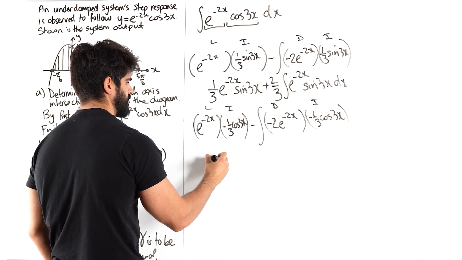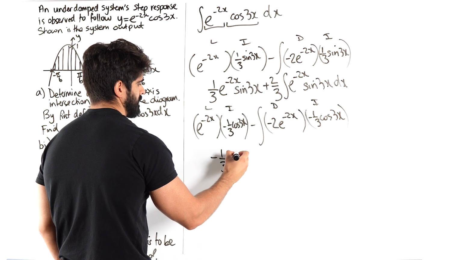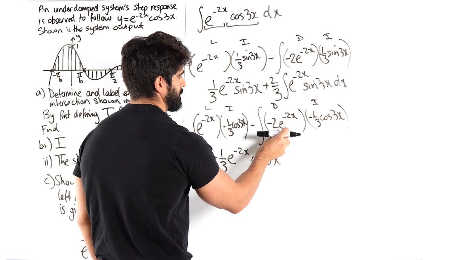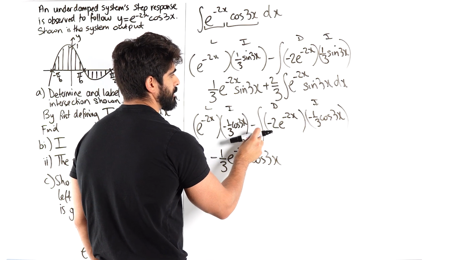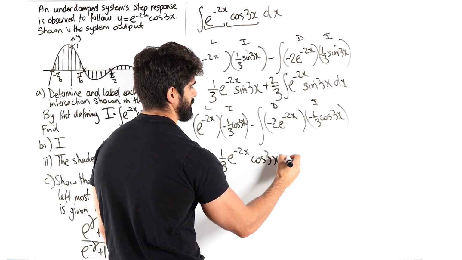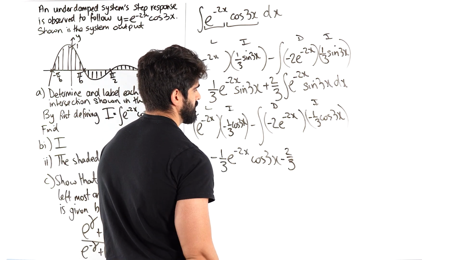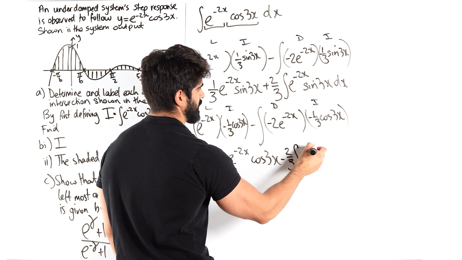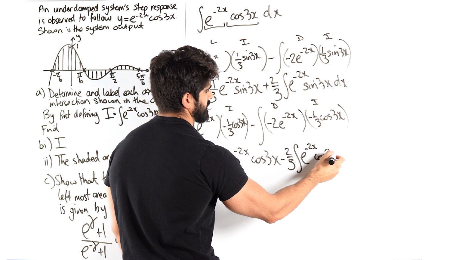So we have minus a third e^(-2x) cos 3x. The minus 2 comes out to make plus 2, but with the minus third it actually becomes minus again. So minus 2/3 integral e^(-2x) cos 3x dx.